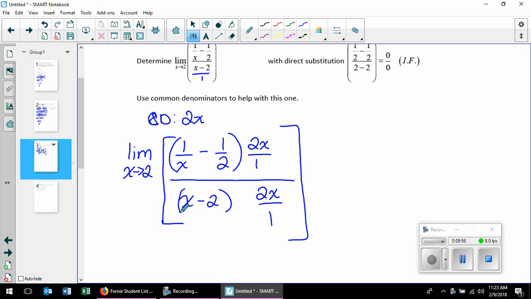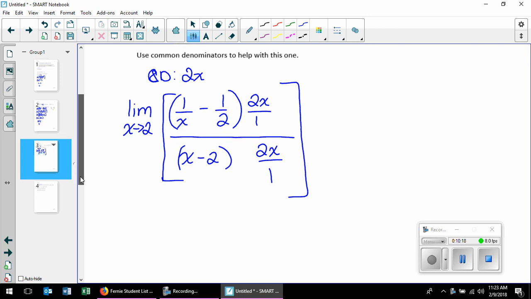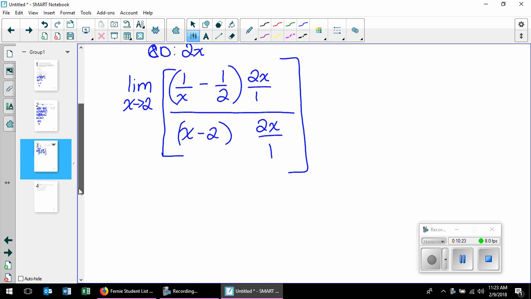I'm just showing it to you as fractions to help you with your multiplication. So top and bottom by 2x, easy peasy.